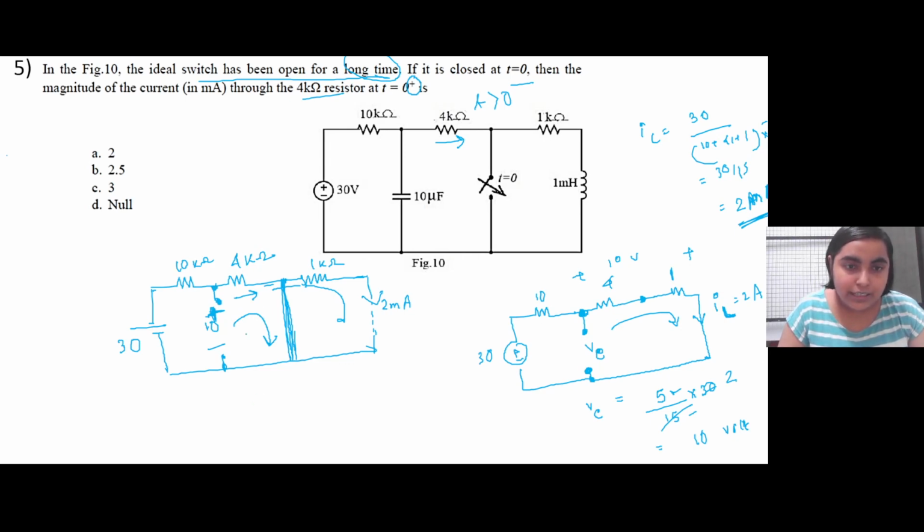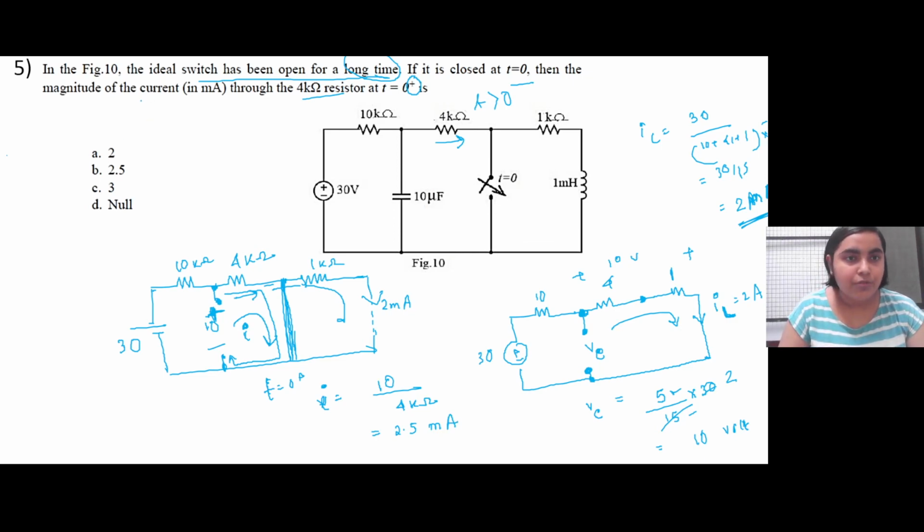So the new current that will be flowing just at t equal to 0 plus, if we consider this particular loop, is just 10 volt getting applied, and the total resistance in this loop is 4 kilo ohm, which is 2.5 milliampere.